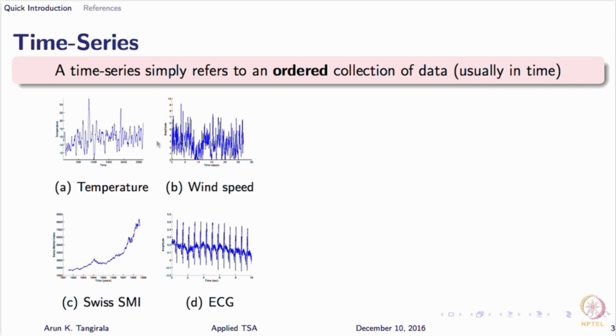In the first example here, I have a temperature series from an industrial dryer. So this is coming from the engineering domain, and then you have the readings from an automated weather station of wind speed from a certain geographical region. So this comes from the atmospheric domain, and on the bottom left here we have the Swiss stock market index over a certain set of years.